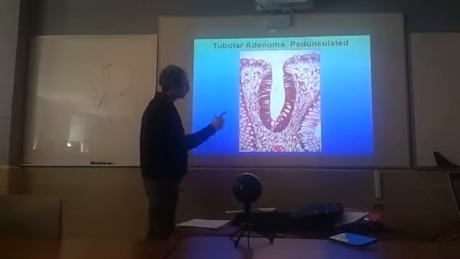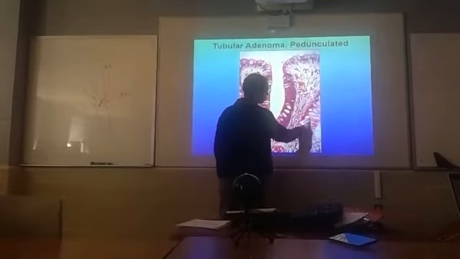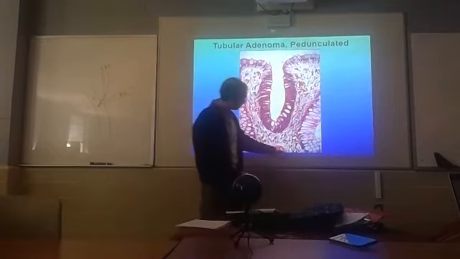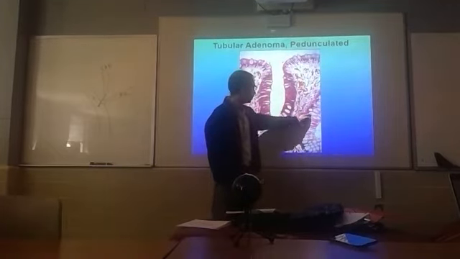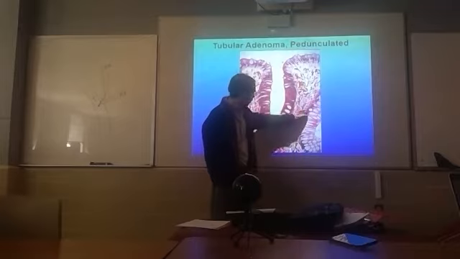In this section, we have normal epithelium as well as dysplastic epithelium. Over here, you've got some normal epithelium. This consists of columnar enterocytes with a microvillus brush border. All of the enterocytes look fairly well spaced. They have relatively normal morphology.